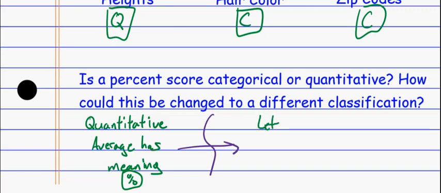If I converted this to a letter grade, it still gives me similar information, but it's categorical in nature because it labels you as either having an A, a B, a C, or a D. I can't calculate the average if I only have letter grades. I can't say, oh, the average is a B when I have 4 A's, 4 B's, and 4 C's. It doesn't work that way. I can only calculate averages with numbers. The average might be an actual B when I calculate it from the percent scores, but when I do letter grades, now it's categorical data. I'm labeling the grades rather than calculating the grades.